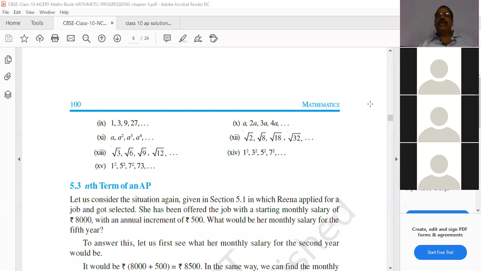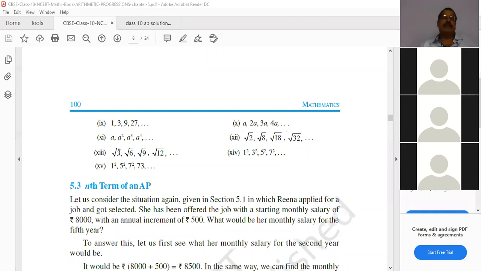Because we have to know root 8 means 2 root 2, root 18 means 3 root 2, root 32 means 4 root 2. Clear? Litish Reddy, do you understand? Yes, sir.